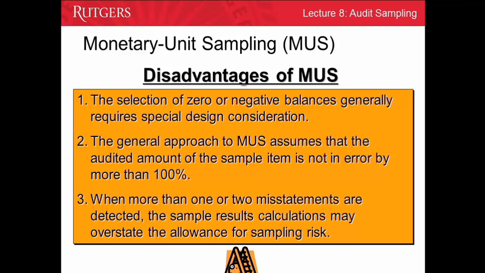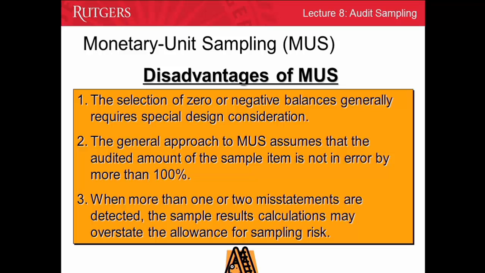The general approach to MUS assumes that the audited amount of the sample item is not in error by more than 100%. If the auditor detects items that are in error by more than 100%, special adjustment will be necessary when calculating sample results.